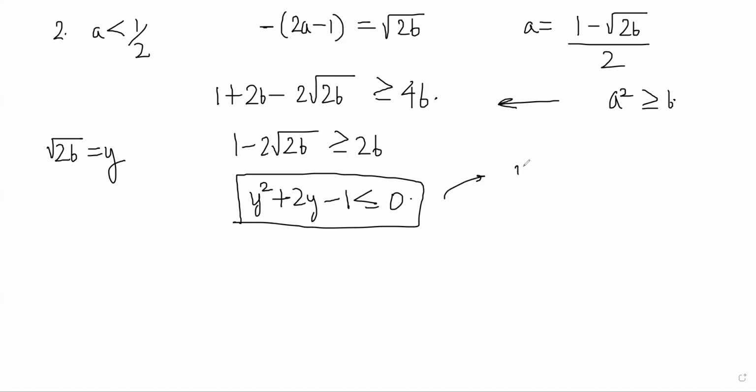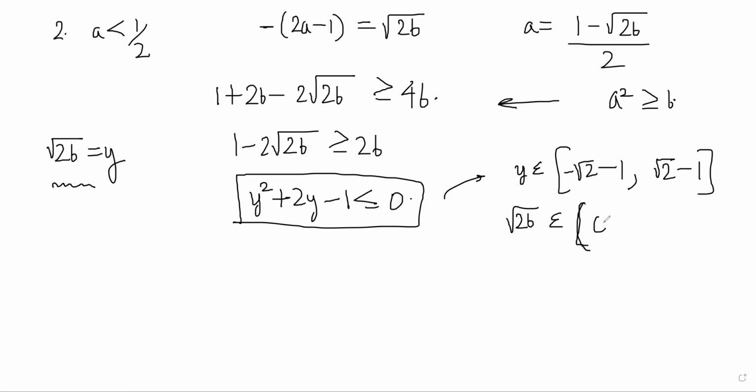From here we get y belongs to [minus root 2 minus 1, root 2 minus 1]. But y was root over 2b, so actually root 2b will belong to [0, root 2 minus 1], which implies a will belong to [(2 minus root 2) by 2, 1 by 2].